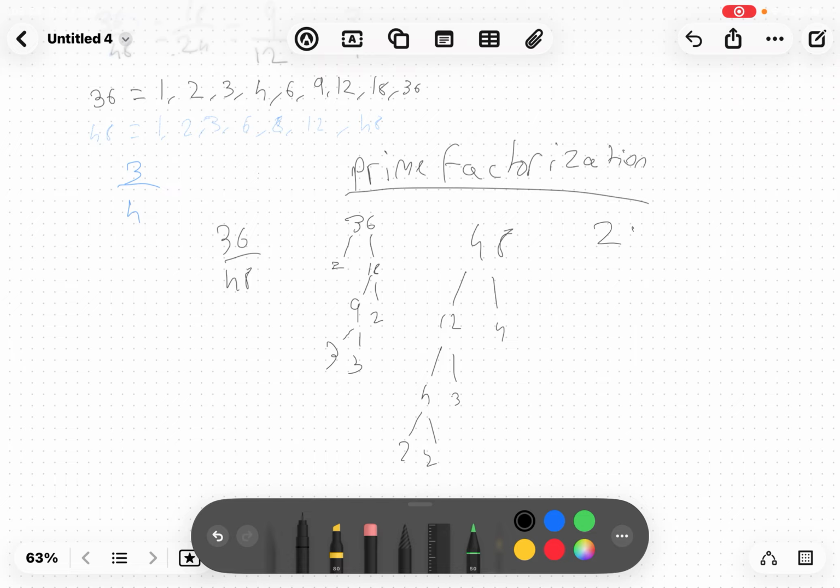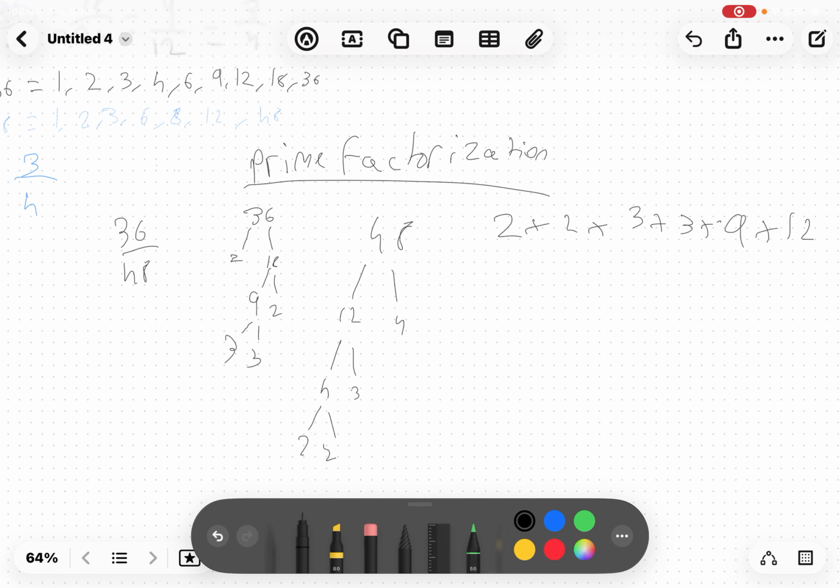We have a 2 times 2 times 3 times 3 times 9 times 12, and that's divided by 2 times 2 times 3 times 4 times 4 times 12. That should be it. Over here, the 2s get rid of each other. Over here, this gets rid of each other.